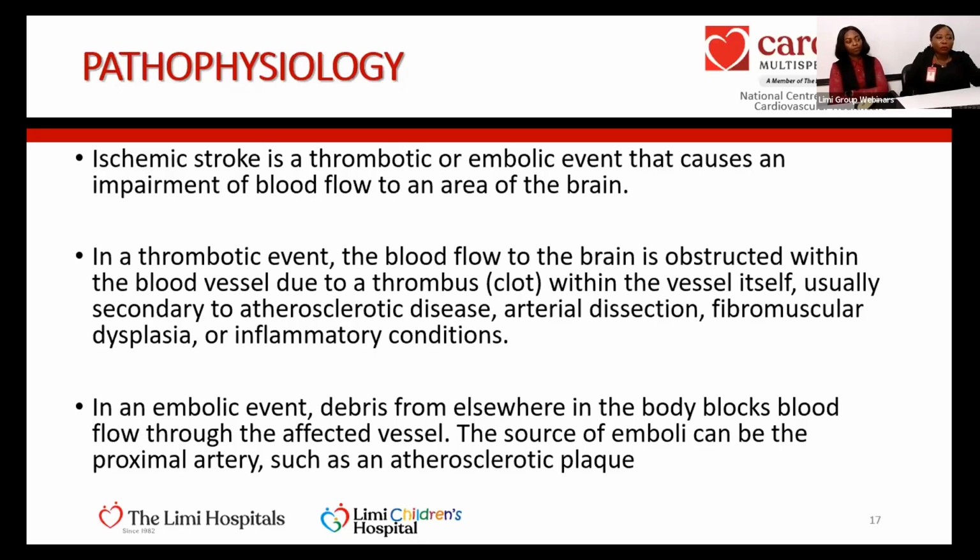And the clot could be from a secondary arteriosclerotic disease or arterial dissection. If it's an embolic event, that means most likely there is a cardiac pathology, or a clot formed somewhere, and from the left side of the heart, it has gone through the internal carotid up to either the anterior cerebral artery or the middle cerebral artery.